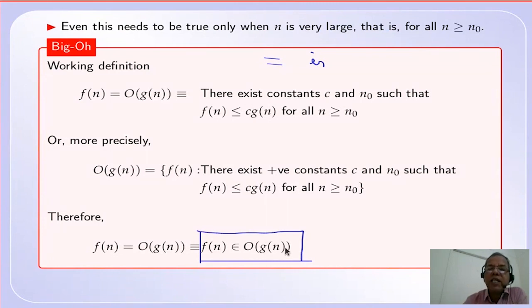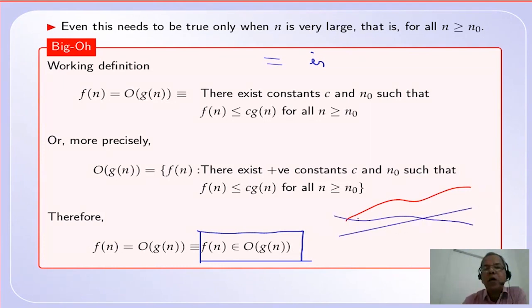Big O of g of n is a set of functions. I said all functions. All the blue functions are in the set big O of g of n. f of n is one such function. f of n is in big O of g of n. That is what we mean by writing f of n is equal to big O of g of n.